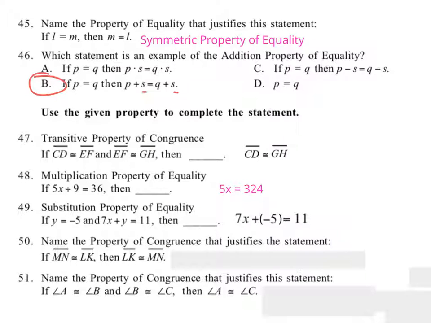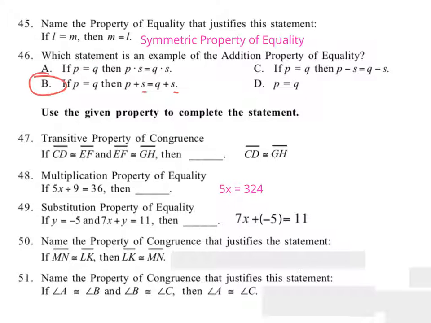Now, name the property of congruence that justifies this statement. Aha, just like on the top, here we had this symmetry, right? M here and M here close, then equals, and then L further away from that line of symmetry.